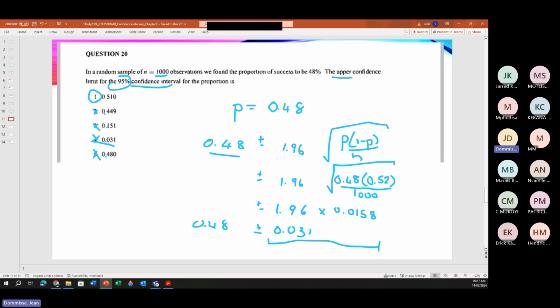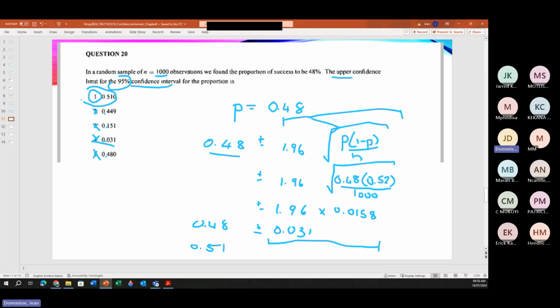So again, as you work and you see an answer, so working out this component, there is an answer for you. Okay, so if we then add it to 0.48, we get that our answer is 0.51. Okay, which is option 1 in the end.